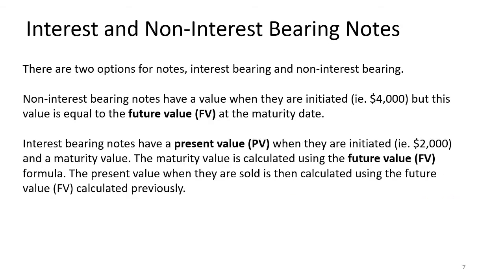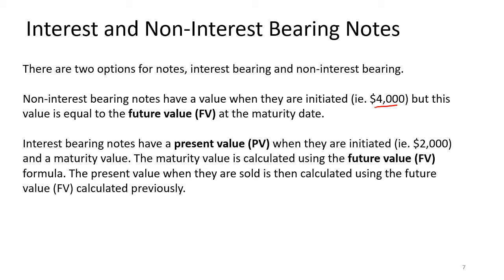There are two types of notes that I want to talk about, non-interest bearing and interest bearing notes. With a non-interest bearing note, the value that's provided, or whatever the loan is, say $4,000, is the future value. The value the note is for already has the interest calculated in it, so that value is what it is at the very end, say 3 or 4 years down the road when you have to pay the loan back.